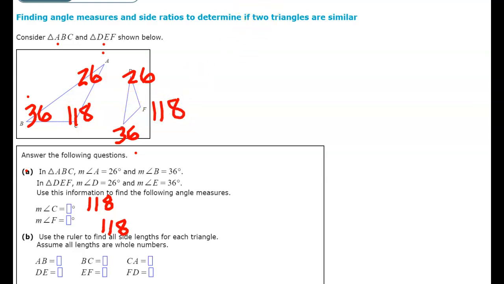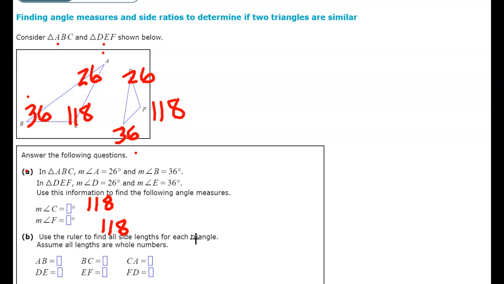Change the pen color so we can see what we're doing with the next problem. Use the ruler to find all side lengths for each triangle. Assume all lengths are whole numbers. Okay, I do not have a ruler here, you guys.